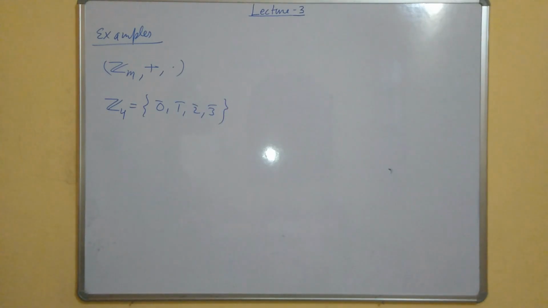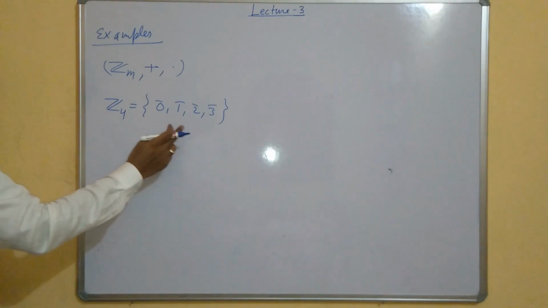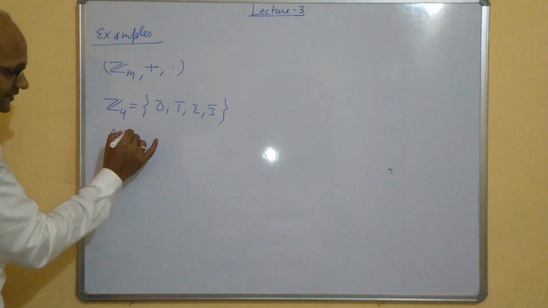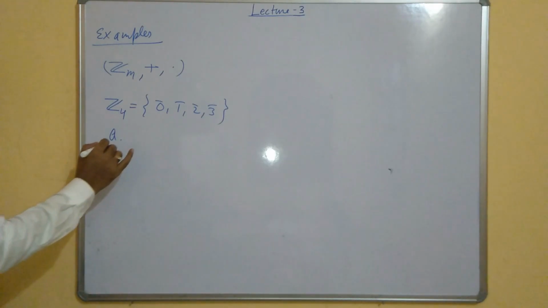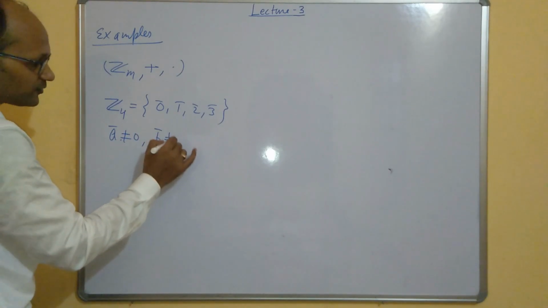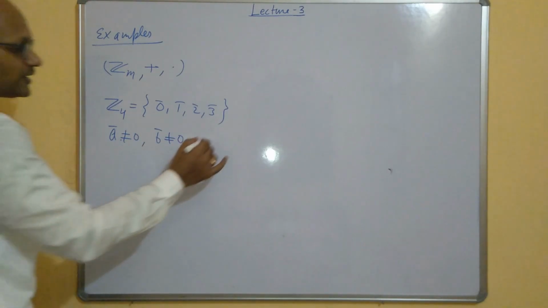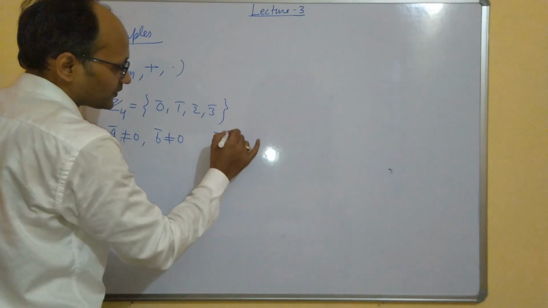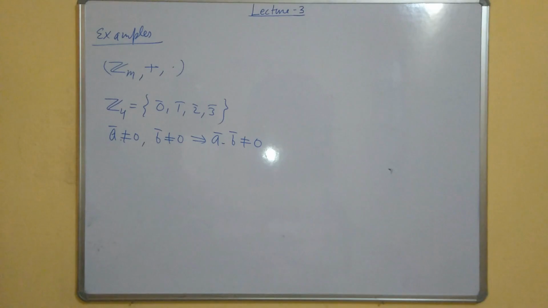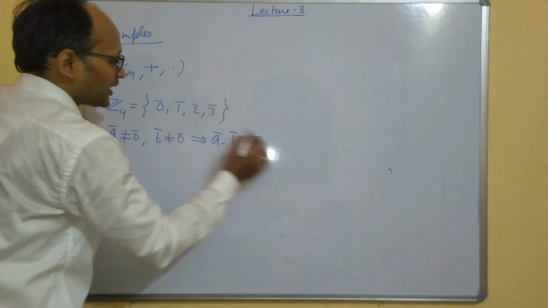There are several definitions for an integral domain, but for Z4 one of the easiest is that if A is not equal to 0 and B is not equal to 0, then A into B should be non-zero. It may be the easiest one to apply in Z4.